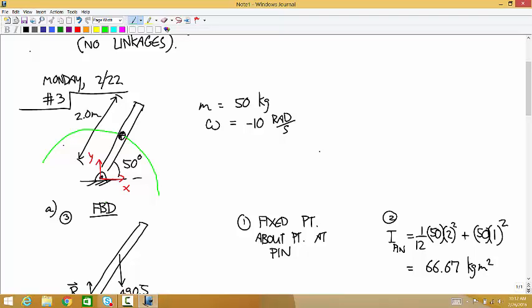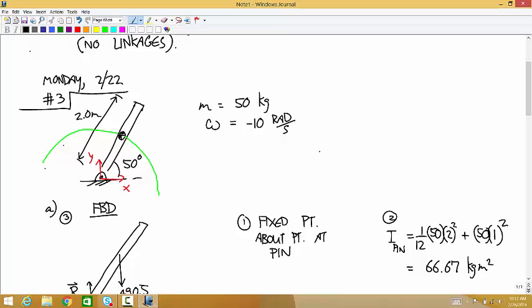Are you trying to ask what's the radius? I'm just showing on here what circular motion the watermelon equation refers to, circular and spherical motion. So what's the circular motion we're talking about? We're talking about the circular path of the center of mass around that pin.